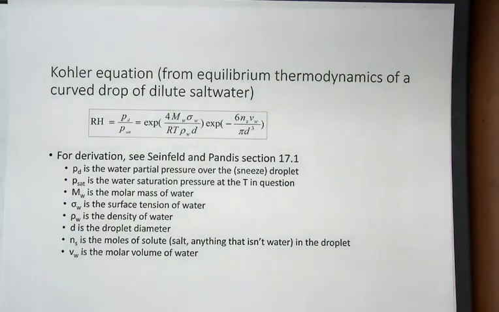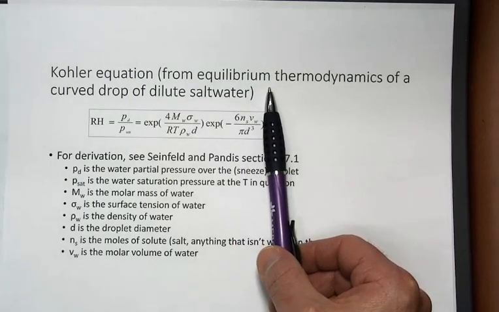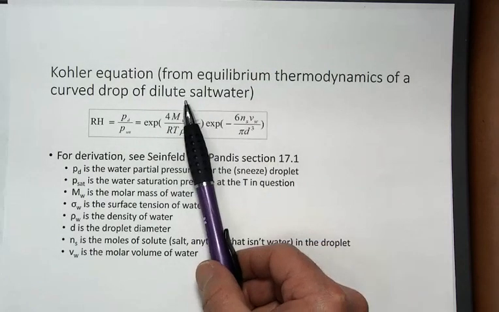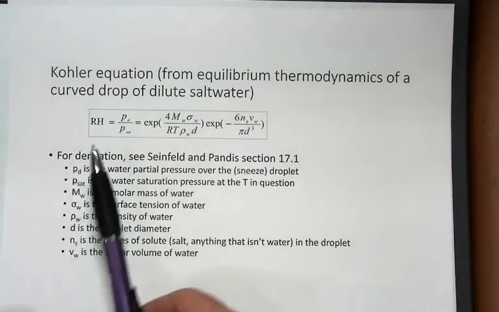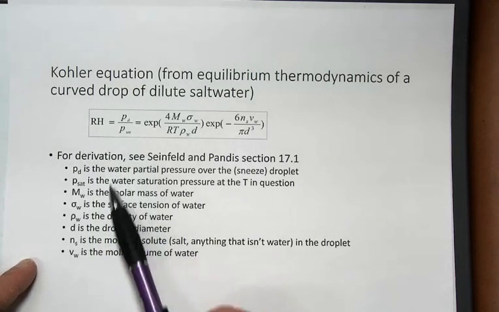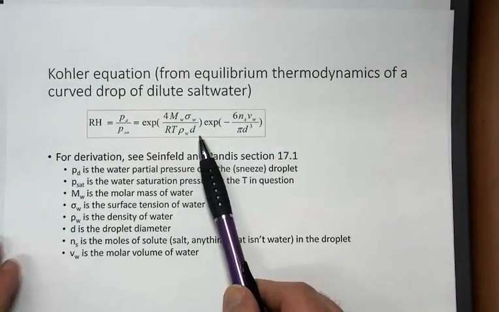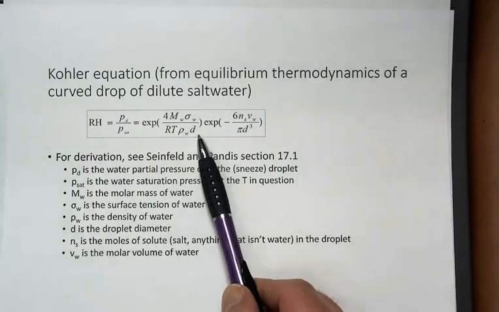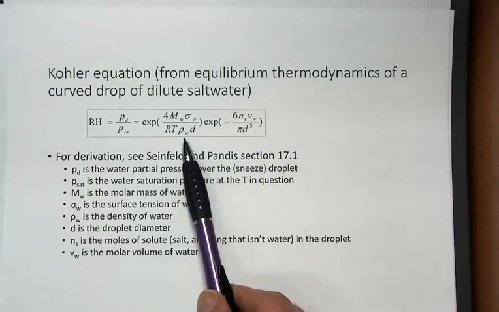You get it by solving for the equilibrium thermodynamics of a curved droplet composed of dilute salt water, which is basically what these sneeze and cough and breath particles are. There's our relative humidity. I've defined all the droplets. We've got a term here that's called the Kelvin effect, and this is the increase in the vapor pressure over a curved surface relative to a flat surface.